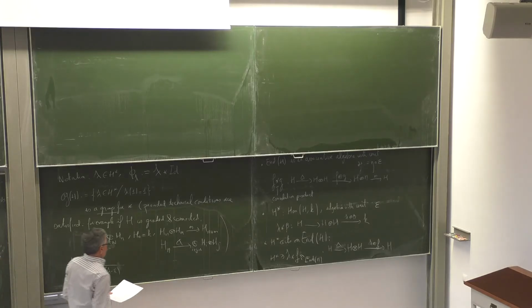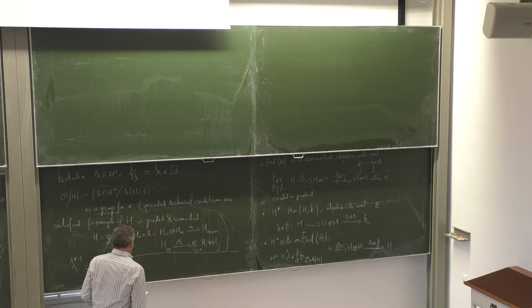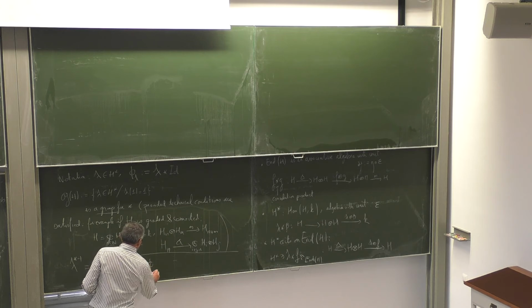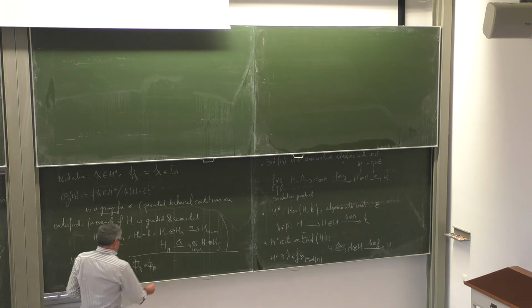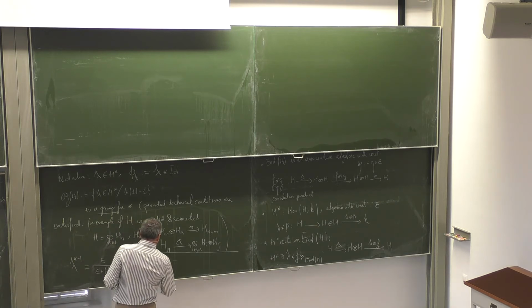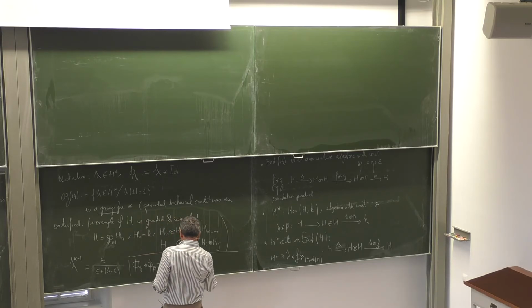And some other properties are also straightforward from the definition. For example, if you compose phi lambda with phi beta, so these endomorphisms of H induced by linear forms, you can compute. What you get is that this is phi lambda beta convolution with the identity. This is beta convolution lambda convolution the identity.